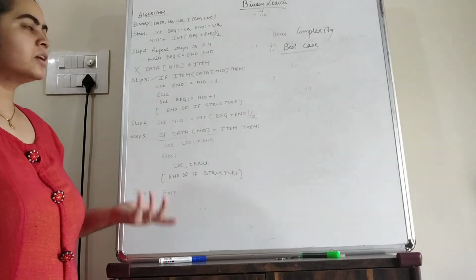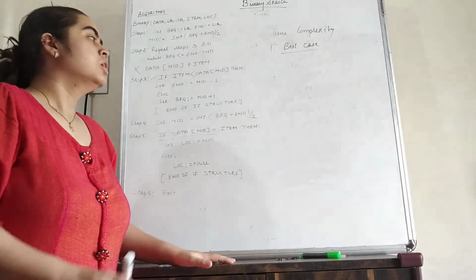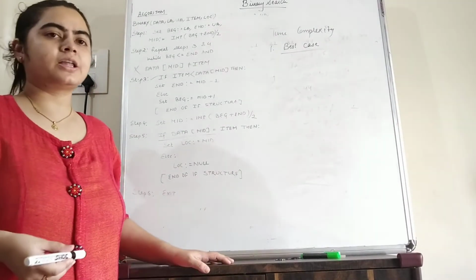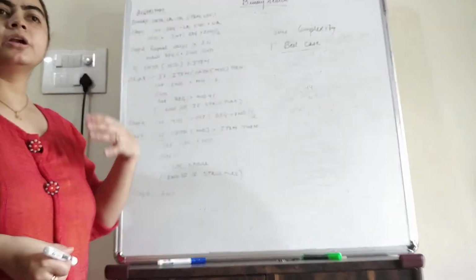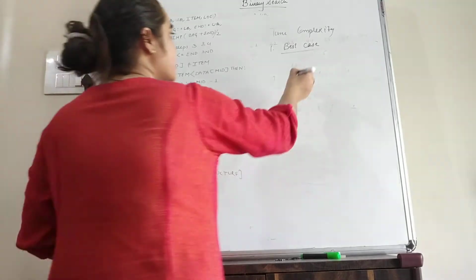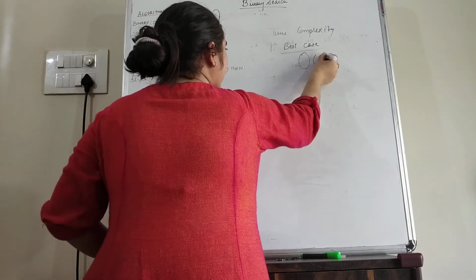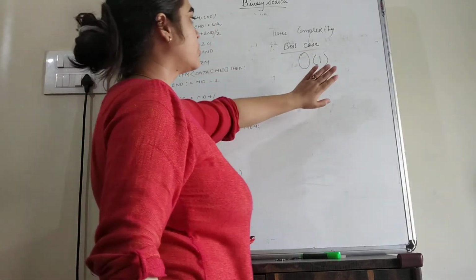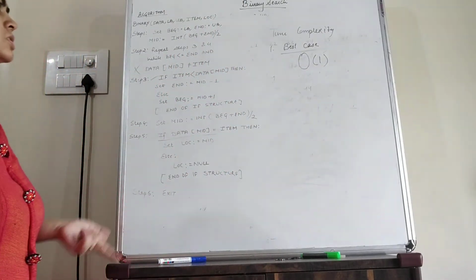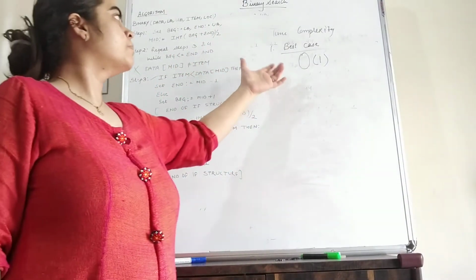That means we don't have to search the element in the list further. So the best case is big O of 1. At the first time only we can get the value which we want to search in the mid. So that is the best case.